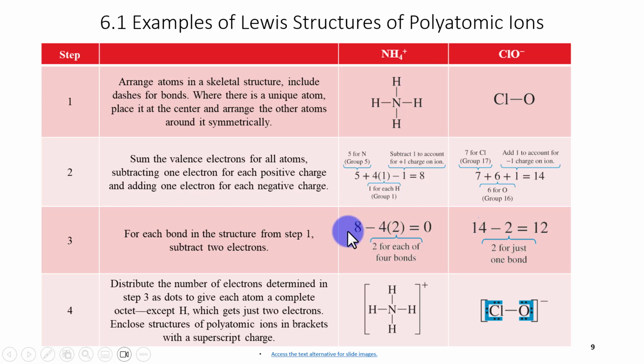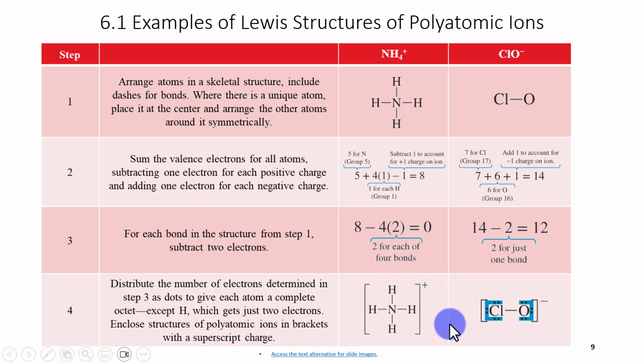I subtract the bonding electrons from my total valence electrons, which in this case for NH4 plus is 8, giving me 0. So I've used up all of my valence electrons and I have none to distribute around the terminal atoms, which in this case are hydrogens, which makes sense. Hydrogens do not have lone pairs.